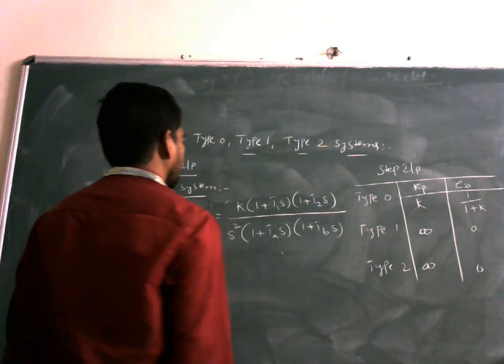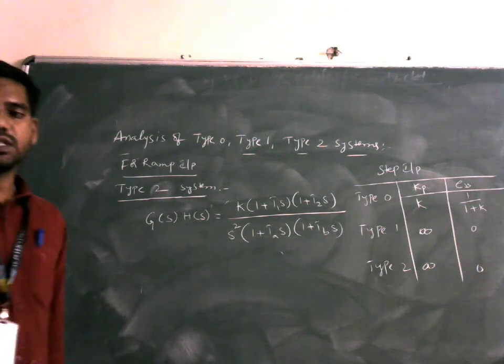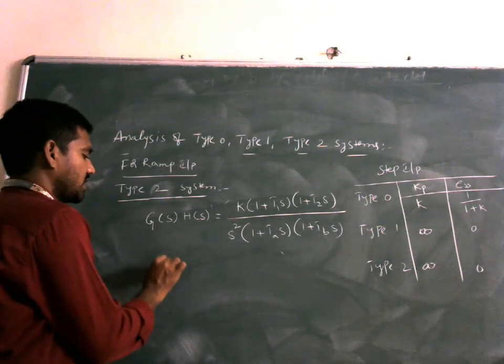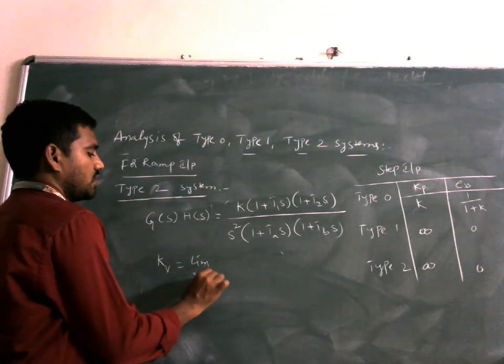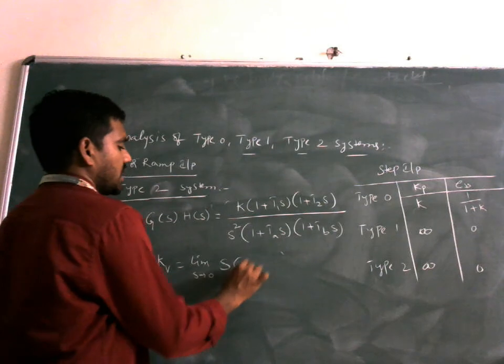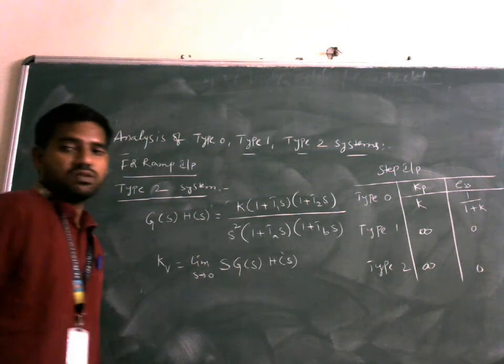Now, what is your Kv value? Kv is equal to limit s tends to 0 of s into G of s into h of s.